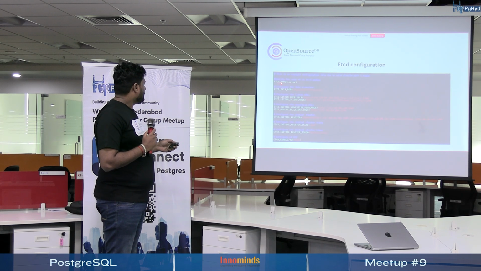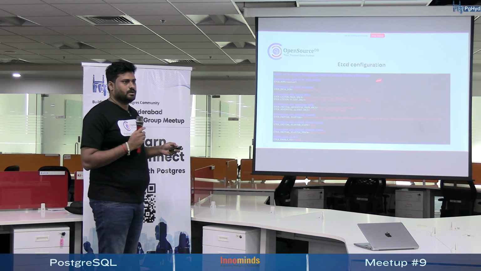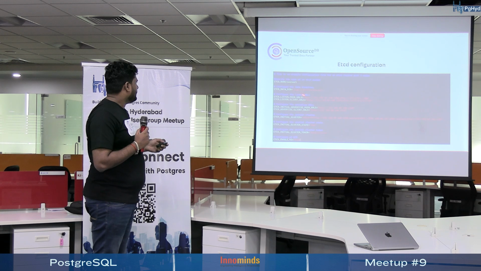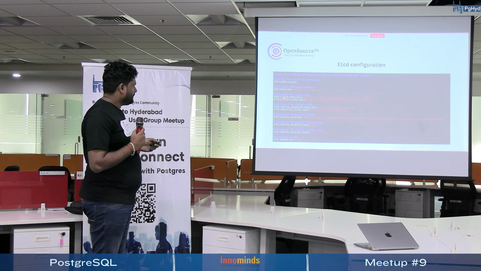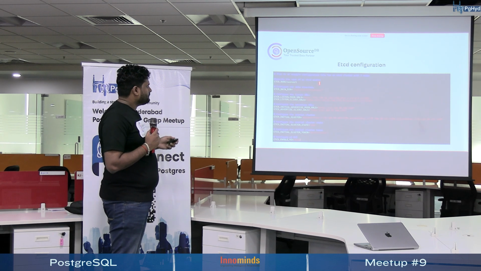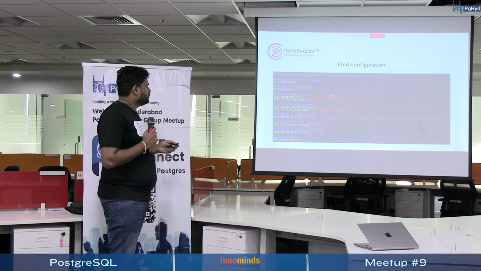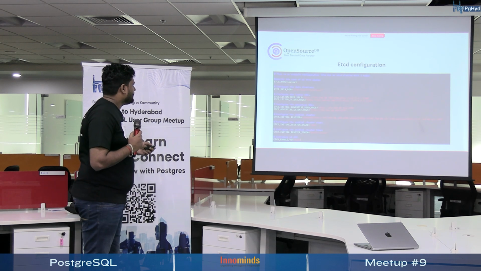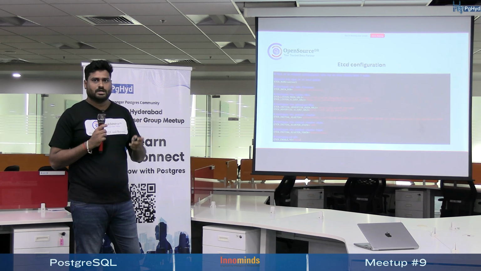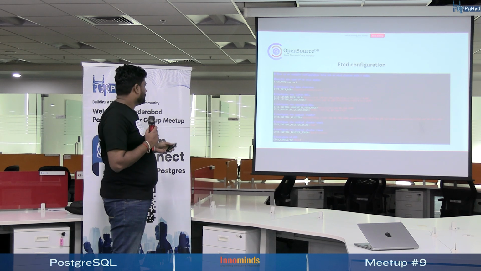I have given the etcd name as server 1, and named them server 1, 2, 3 here, and later the data directory for etcd, and the peer URLs and the client URLs. Our peer URLs will go on port 2380 and the client URLs on 2379. These are the default ports that etcd uses.